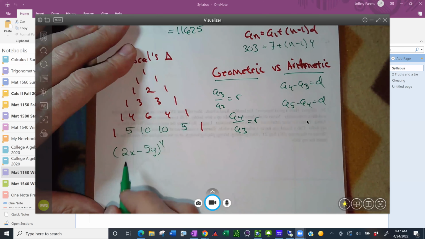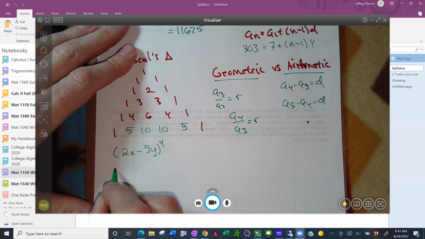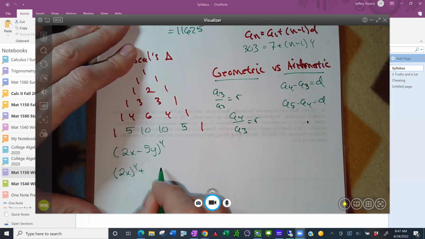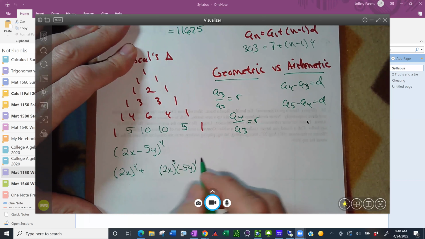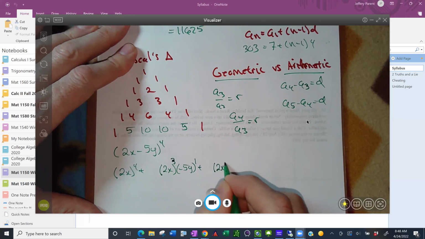And yeah, that'll work. So we'll start out with 2x raised to the 4th plus, and then leave some space here for a coefficient. 2x times minus 5y. 2x is going to be cubed. 5y is going to be the first power. Leave some space. 2x to the second power.